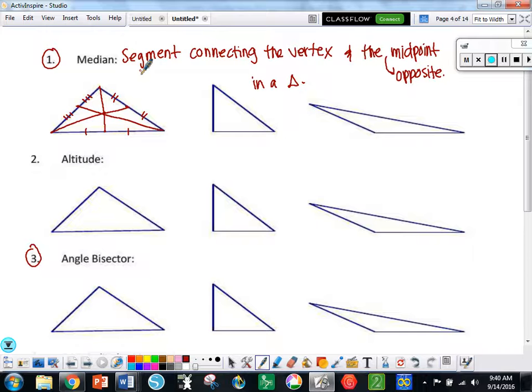That one point is called the centroid. Although I don't know that we need to know that.